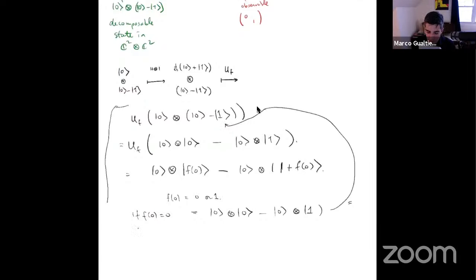Okay, if f of 0 is equal to 1, however, then we're going to get 0 tensor 1 minus 0 tensor 0, which is exactly the negative of this.